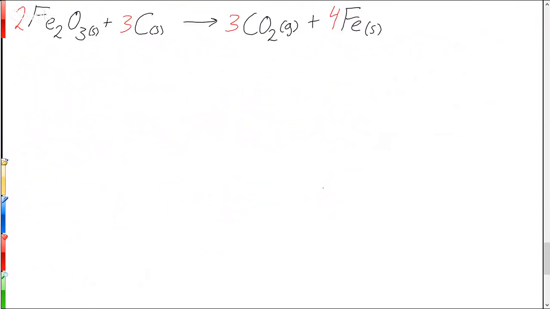Let me show you when you can predict it pretty reliably. The last two we talked about, you can predict reliably: the double replacement and the combustion. So let's look at one of those. Find one.